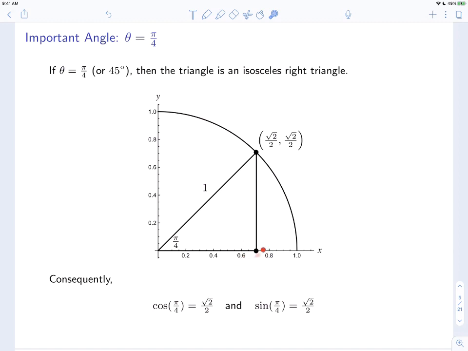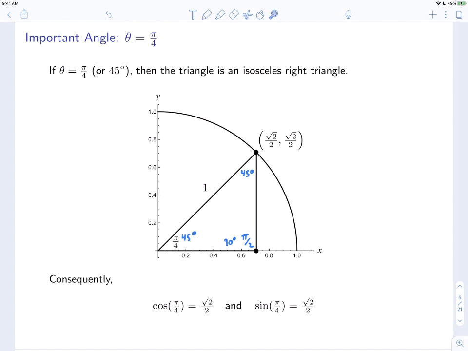This angle measures 90 degrees, or pi over 2. Pi over 4, that's 45 degrees. Let's write this in degrees. So that's 90 degrees. This is 45 degrees. Since the angles of a triangle have to add up to 180 degrees, that means that this is 45 degrees as well.